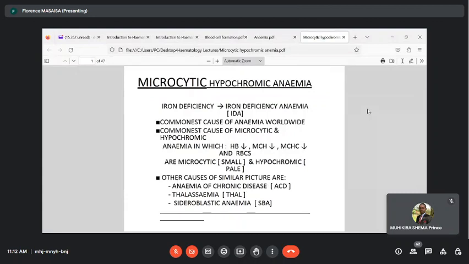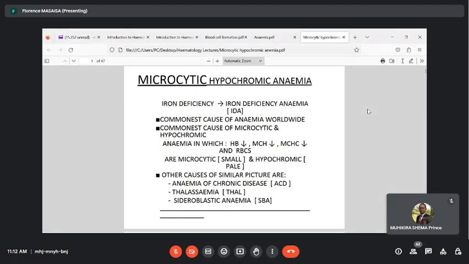It is anemia represented by decreased hemoglobin, MCH and MCHC. Microcytic means the cell size is small, and hypochromic means it is pale, with decreased hemoglobin concentration. The differential diagnosis, apart from iron deficiency, includes anemia of chronic disease, thalassemia, and sideroblastic anemia. We will go into details on that later.